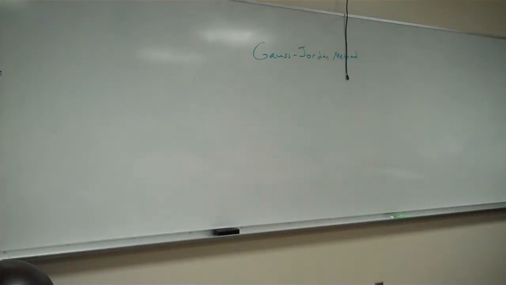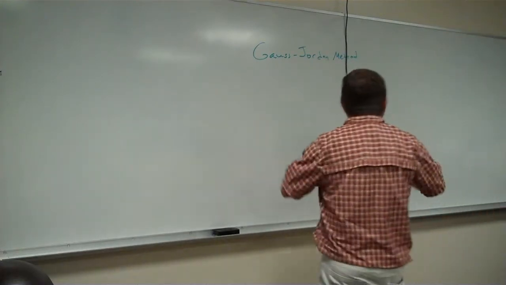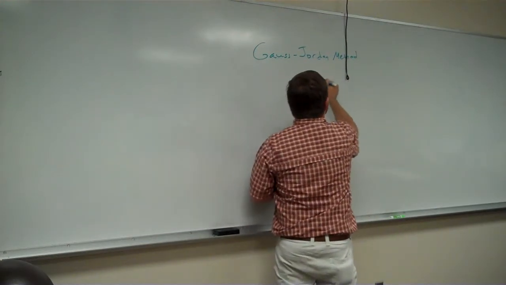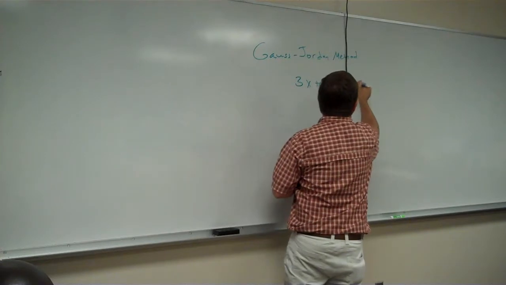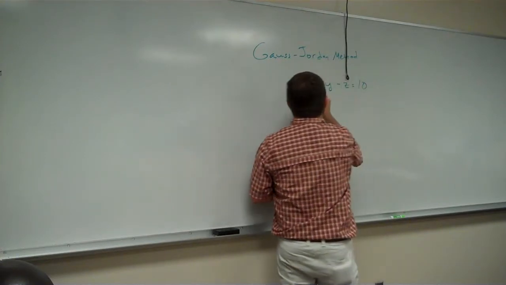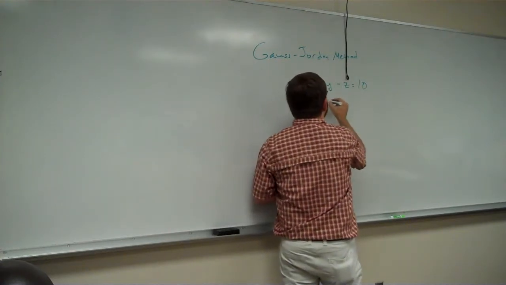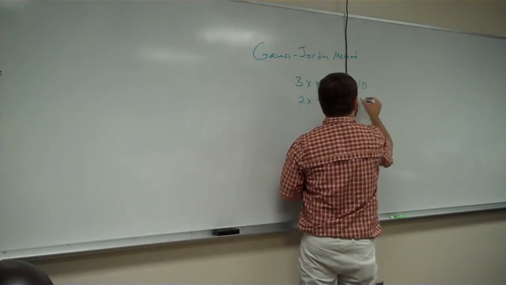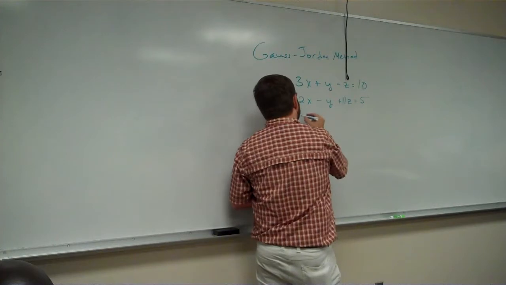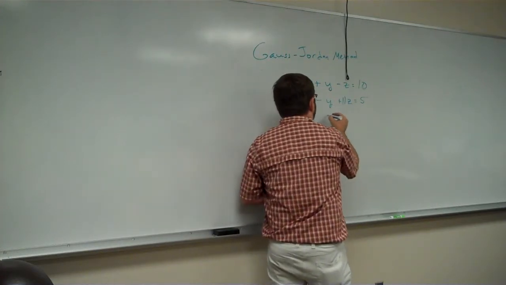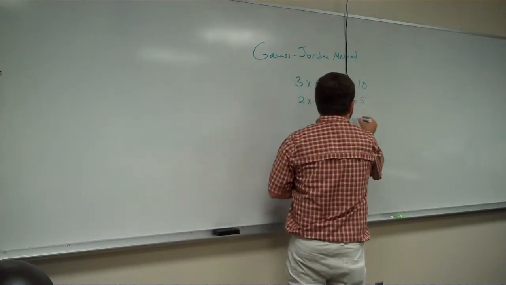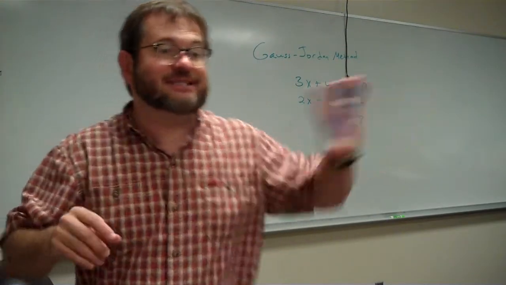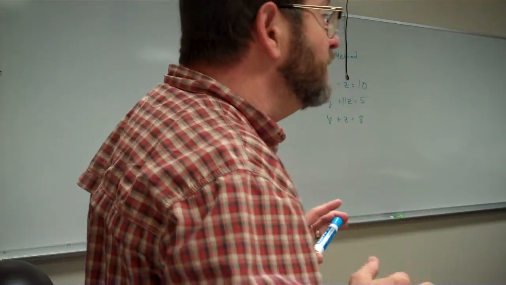Gauss-Jordan is another strategy where we're going to be getting problems into a form like 3x plus y minus z equals 10, and 2x minus y plus 11z equals 5, and y plus z equals 8. You get a system of equations.